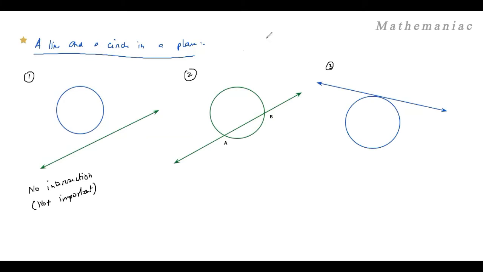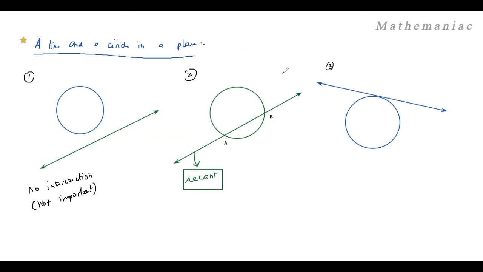So when we have such a line which intersects the circle at two distinct points, that line is known as a secant. So this is a very important definition. Try to remember that secant. A secant is a line which intersects the circle at two distinct points. The points should be distinct.